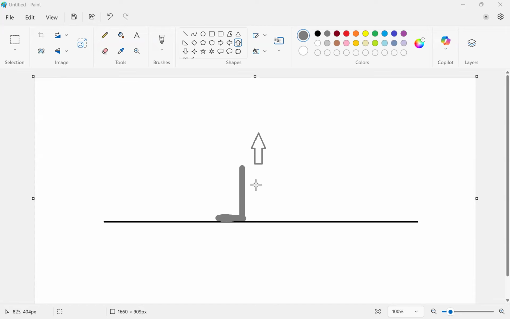So if 2 meters are in the air, since the chain is 10 meters long, then 8 meters is still on the ground. If 8 meters is in the air, then 2 meters is still on the ground. So the amount on the ground and the amount in the air have to add up to 10.